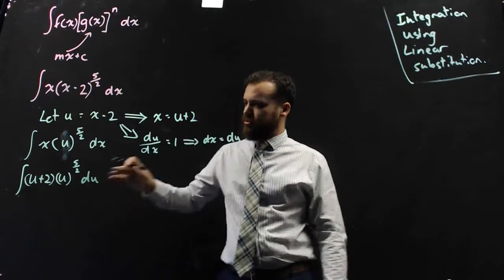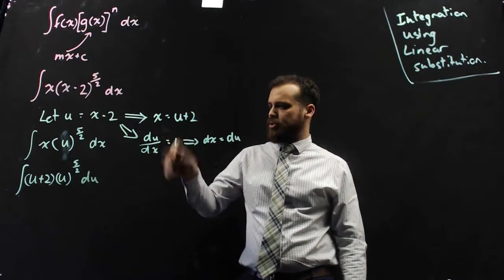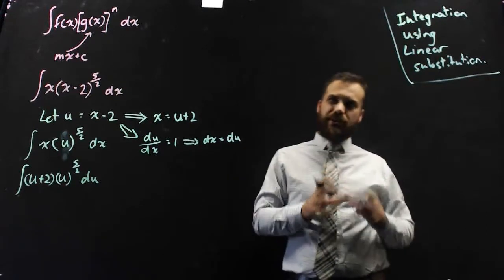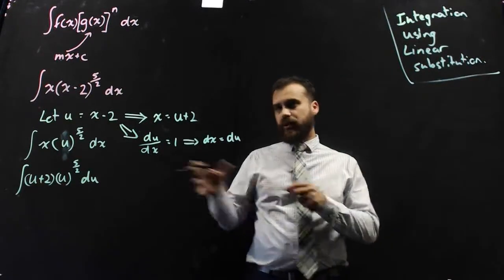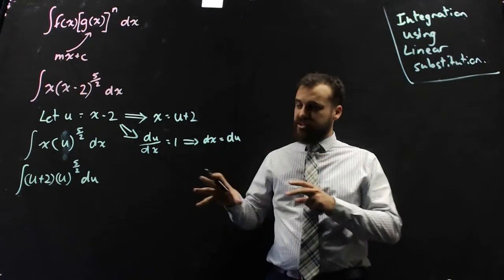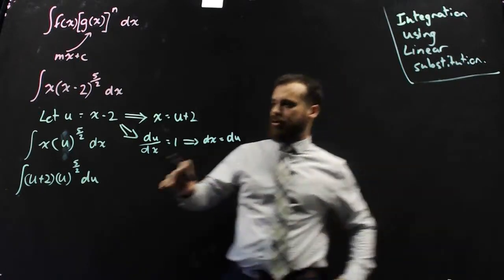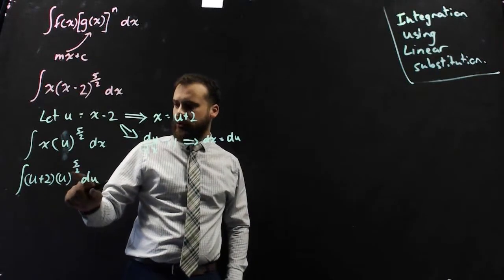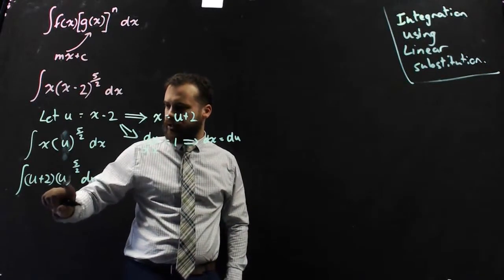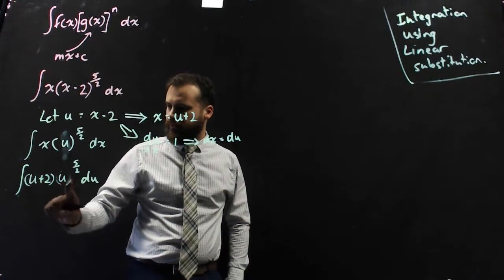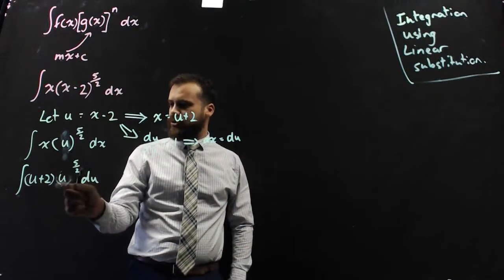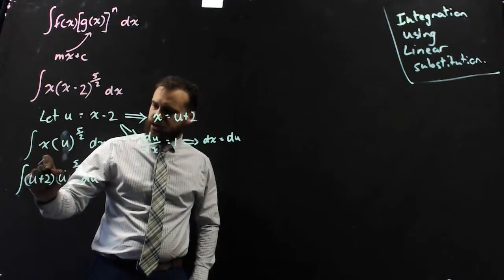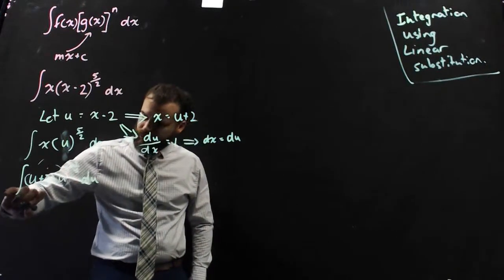Right, so now we have the integral of u plus 2 times u to the 5 on 2. At the moment we've got a function multiplied by a function, and integrating that is really difficult. But this is u to the 5 on 2 times u plus 2, so we can expand this using our distributive law.